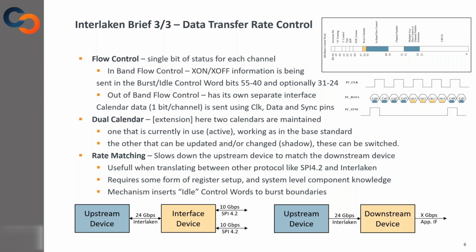It would be the designer's role to know that you need to match these rates, if you don't want flow control to kick in, by setting up some registers so you can instruct the upstream device to only use 20 of those 24 gigs of bandwidth, basically inserting some idle control words into these bursts. Another example is if you just have an application interface that is running slower, you can also limit the upstream device.